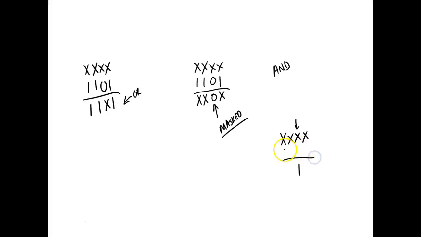And what OR math would I use? So what would this one be right here? X. What would this one be? X. This would be a 1, no matter what x is, right? And this would be an OR mask.